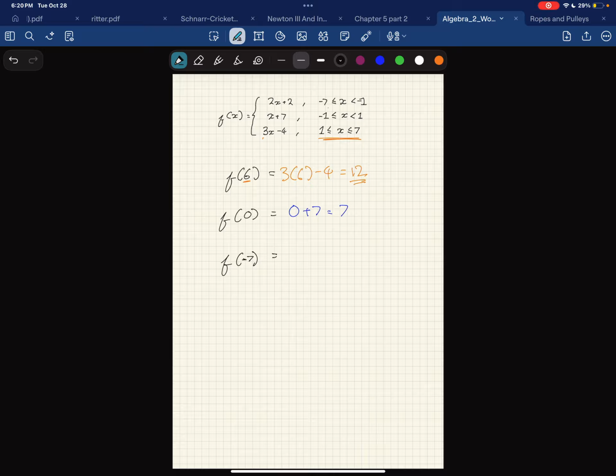So f of -7 exists in this function here. I can use this function to get the output. It's going to be -14 plus 2, which is going to be -12.